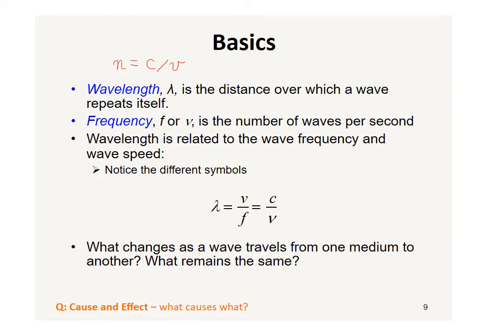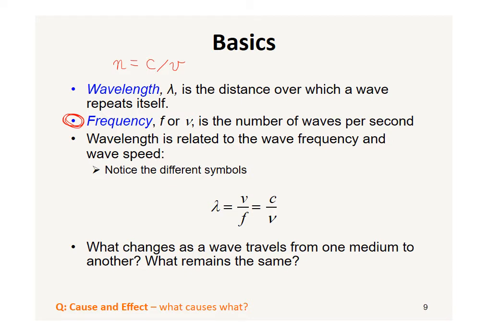Now, if a wave's travelling along, it's going to have a certain frequency. That is the rate at which the electromagnetic fields change. This is our fundamental thing that occurs. It might be because something is oscillating up and down an antenna at a certain rate, or an atom is vibrating at a certain rate.